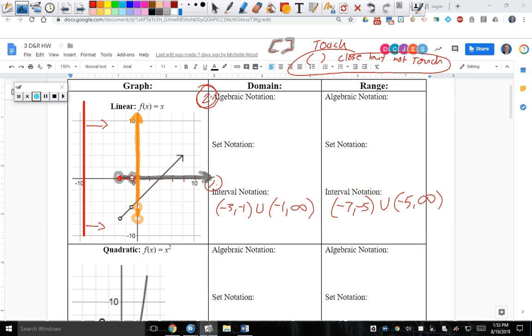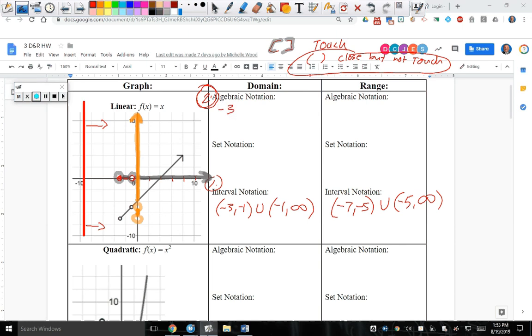Drew, help her out. How would I change -3 to -1? You take out the parentheses. So what am I going to write? It's going to be written in inequality form, right? Okay, so anyone. What is it going to be?